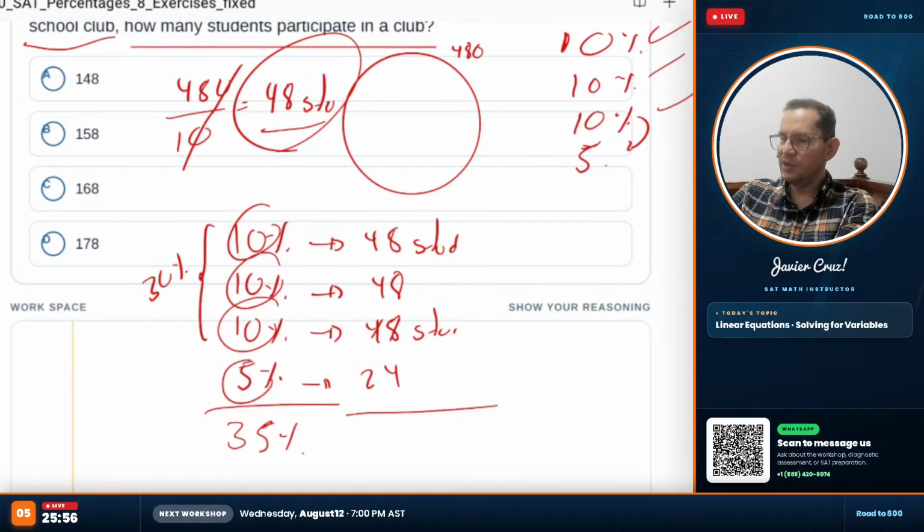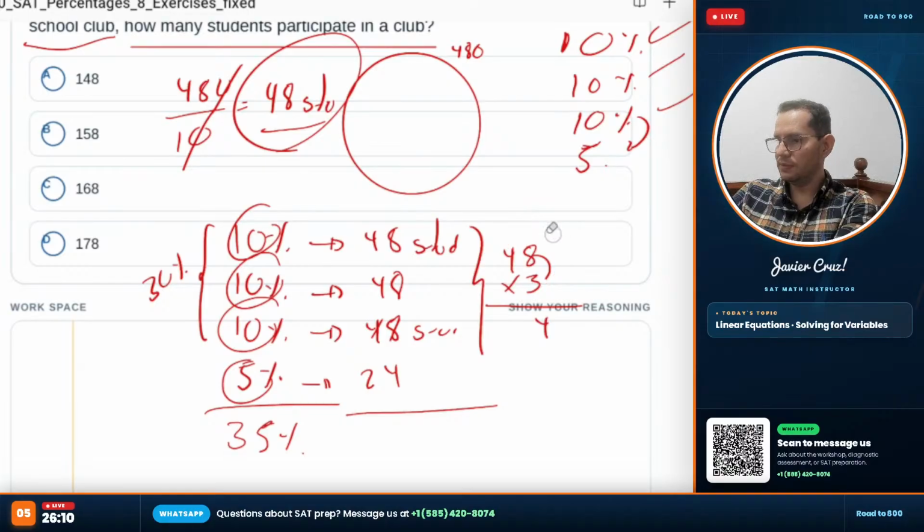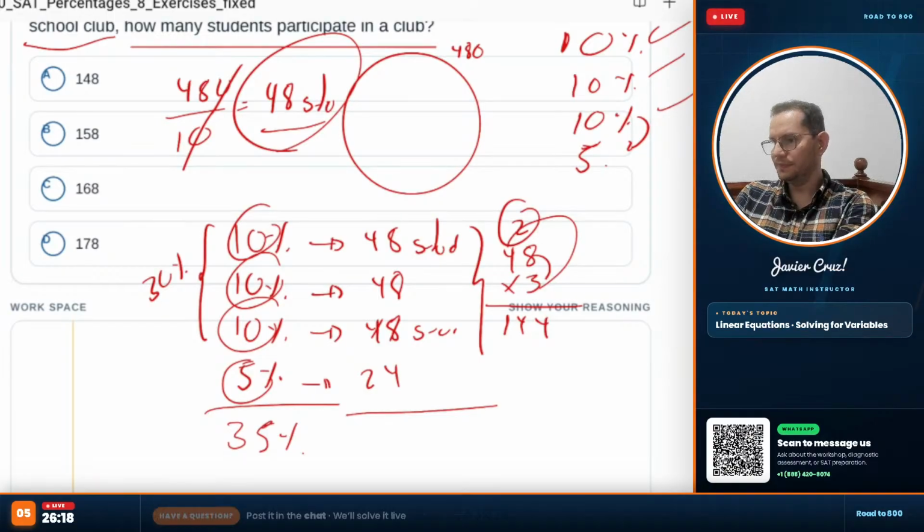So I prefer multiplying the 48 by 3 here. 3 times 8 is 24, and 3 times 4 is 12 plus 2 is 14, so 144, right?